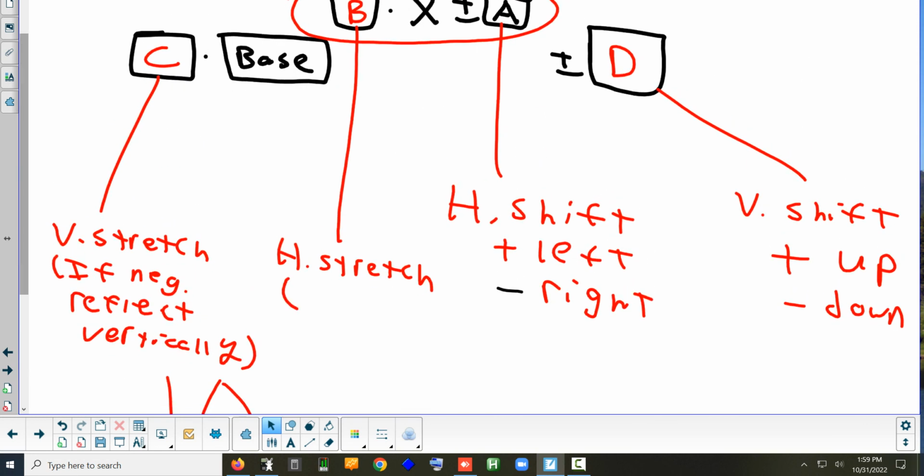How about if B was negative? What would that do? Yeah? That would reflect over the y-axis. And over the y-axis means horizontally. So horizontal, if negative, reflect horizontally.